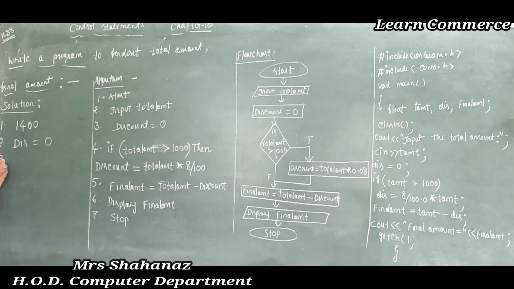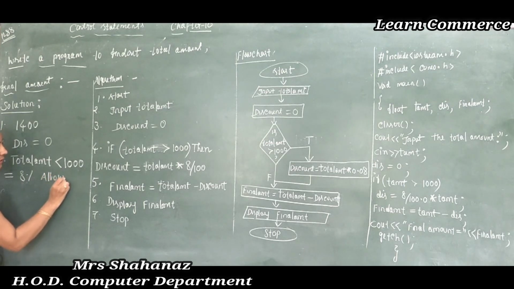And next, if the total amount of the bill is greater than 1000, then sure the 8% discount is allowed.